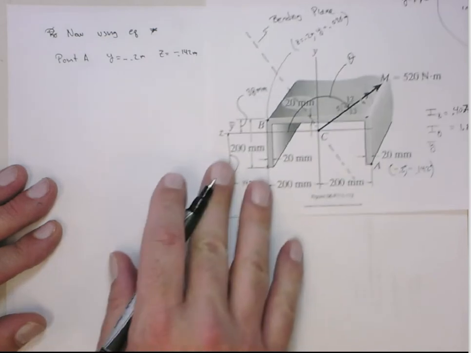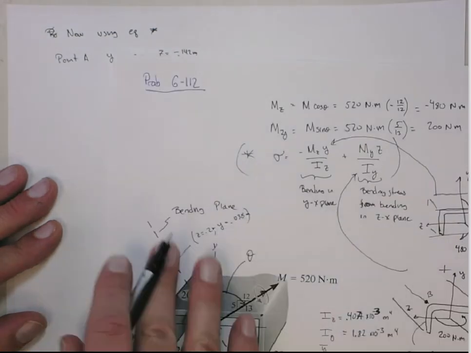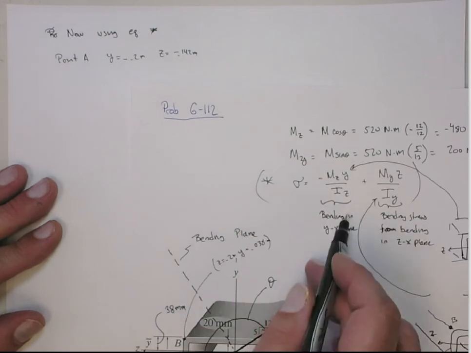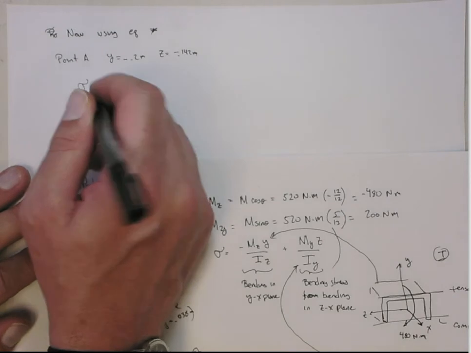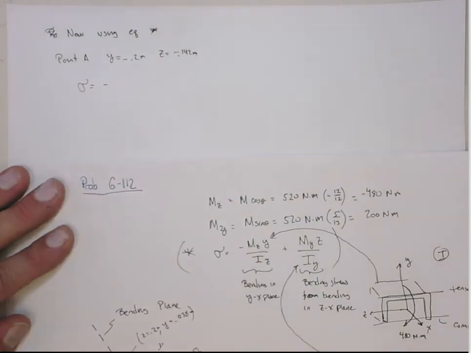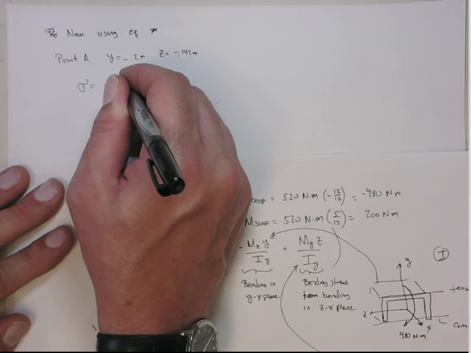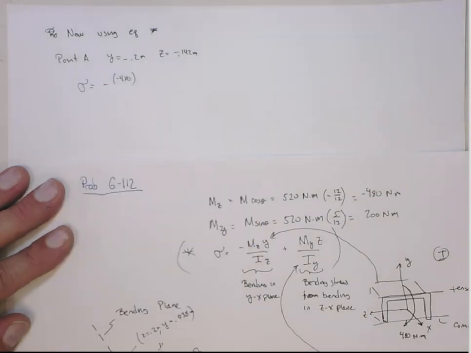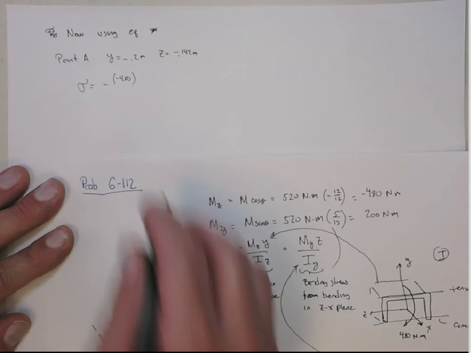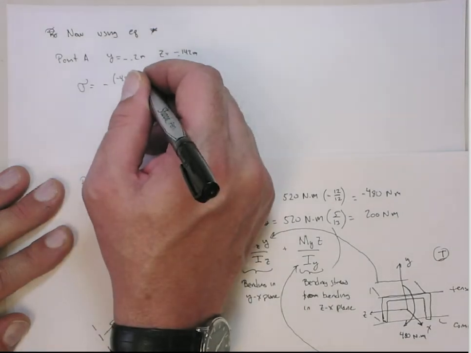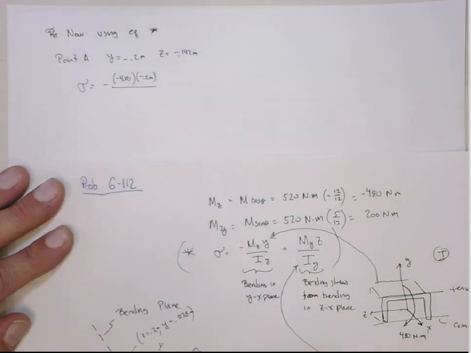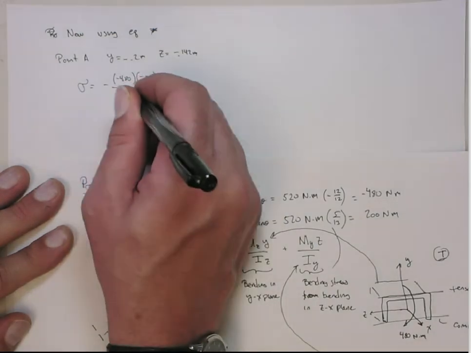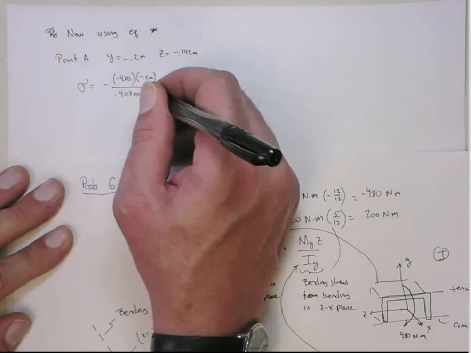All right. We plug in these values we already computed. So using the star equation, this will give me that sigma is equal to minus Mz, which is a minus 480 Newton meters, times the distance y to that point A, which is minus 0.2 meters, all over Iz, which is 0.407 times 10 to the minus third meters to the fourth.